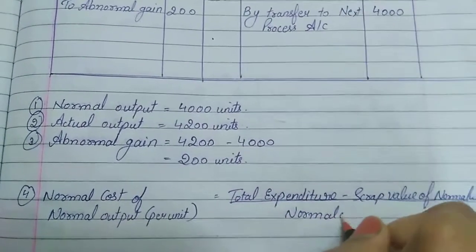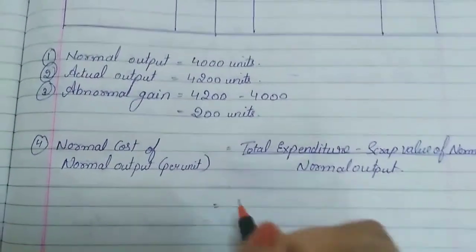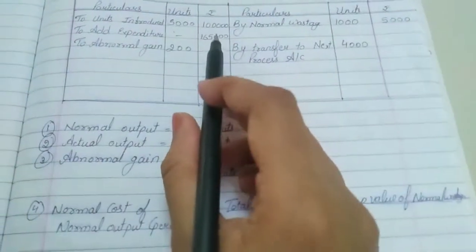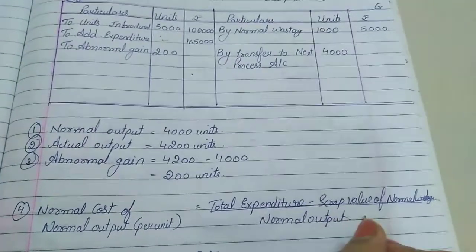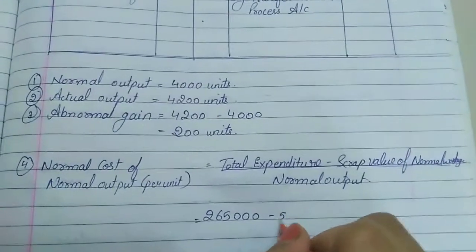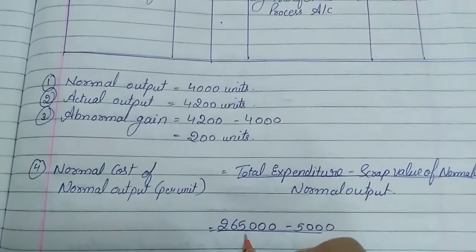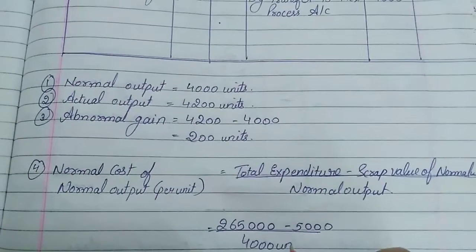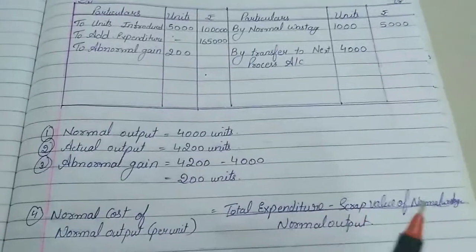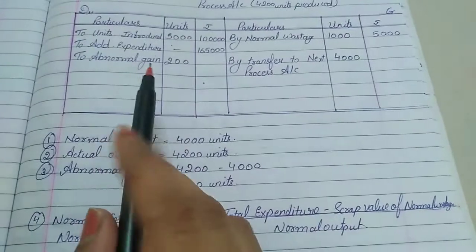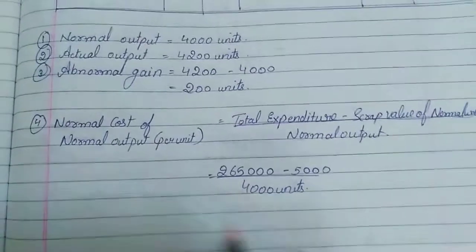Here our total expenditure is total of this, 2,65,000 minus scrap value 5,000, normal output 4,000 units. Normal output is the deduction of units introduced minus normal wastage, which will come to 4,000 units. Okay, here also we will get rupees 65 per unit.